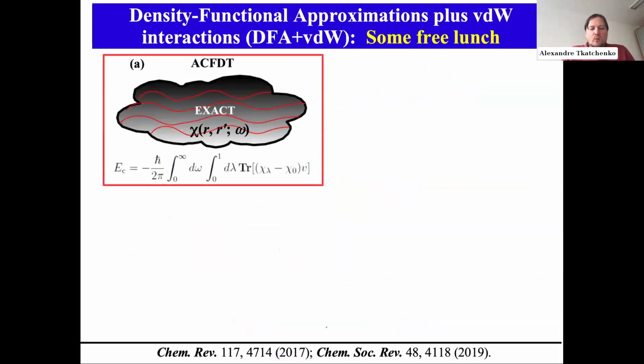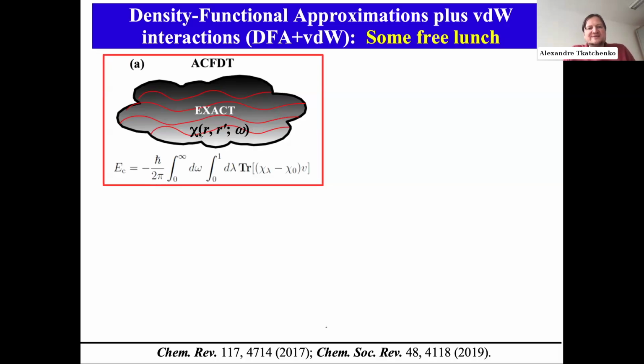So, of course, we also know in principle how to treat the long-range electron correlation in the context of density functional theory. That requires us to go to so-called adiabatic connection fluctuation dissipation theorem approaches, which provide a non-local approximation to the exchange and correlation energy. And here we kind of get some free lunch because we actually know what quantity we need to model.